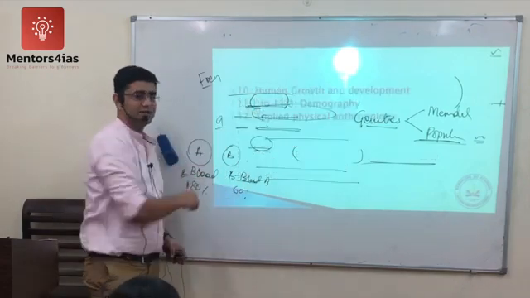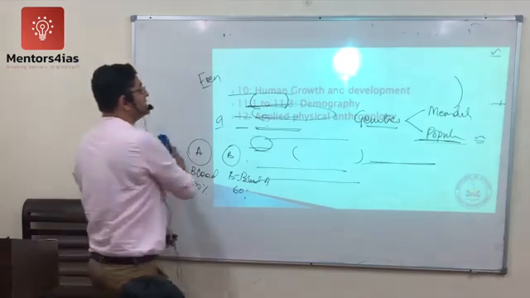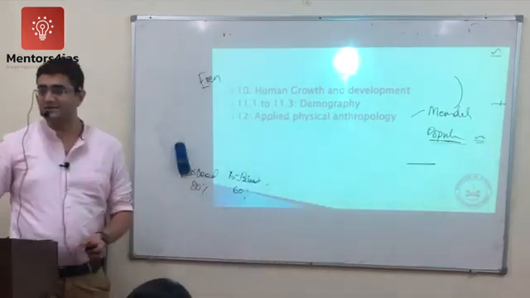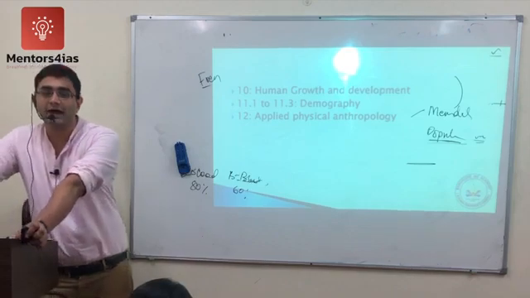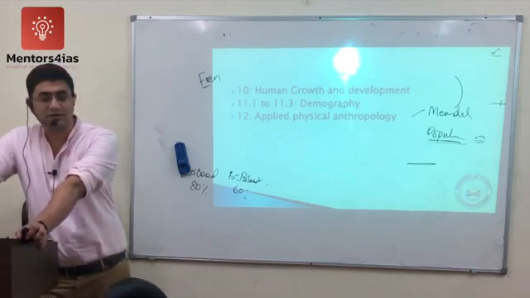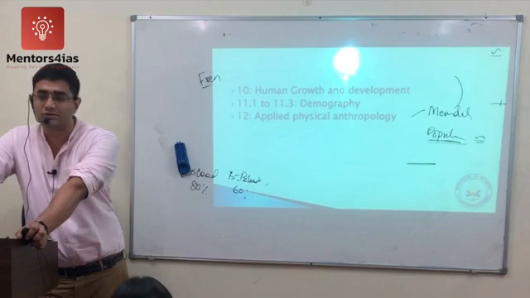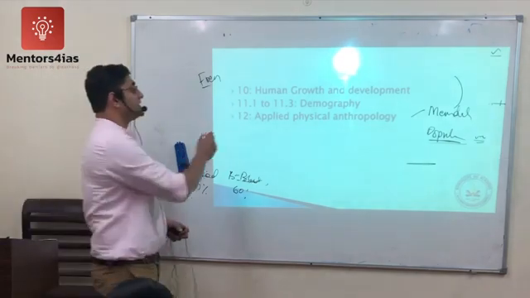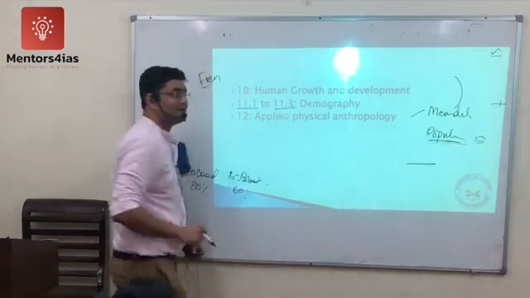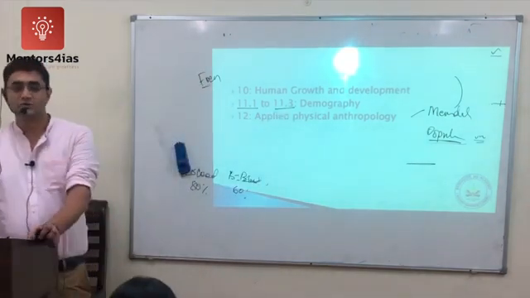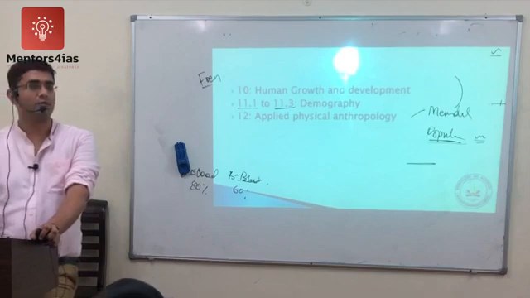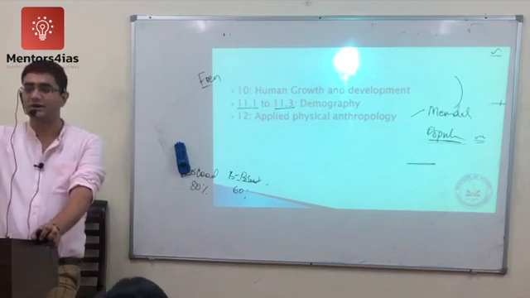Everything about genetics. In addition to that, in 10 we study human growth and development. What are the various factors that affect human growth and development? Here we'll also be studying nutrition and how it affects human growth and development. Then 11.1 to 11.3 is about demography. So human population, how it is undergoing change, how the population of each country will undergo change.